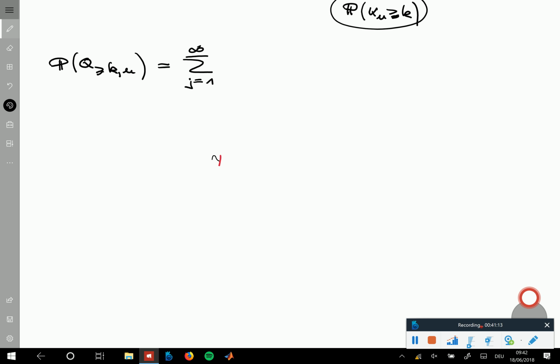In this case, we allow for infinitely many clusters.